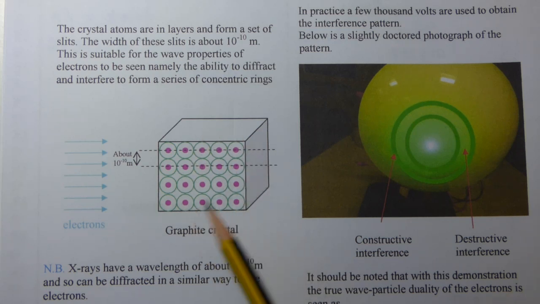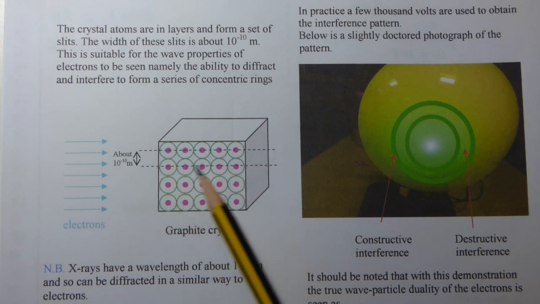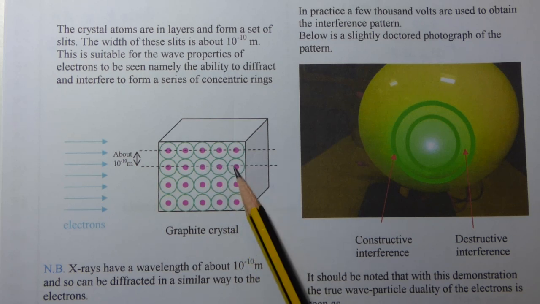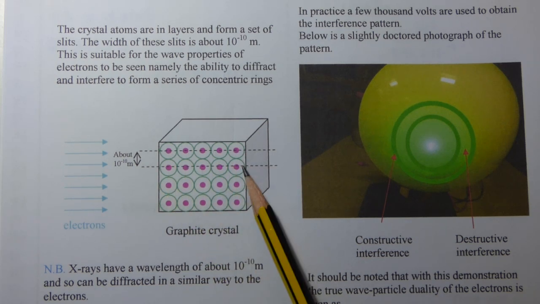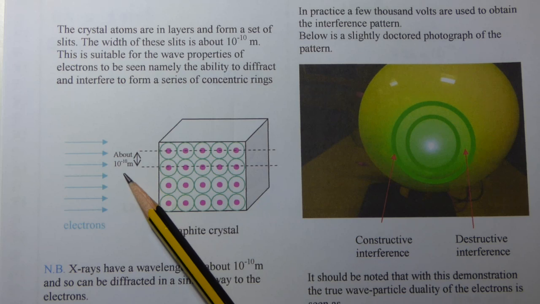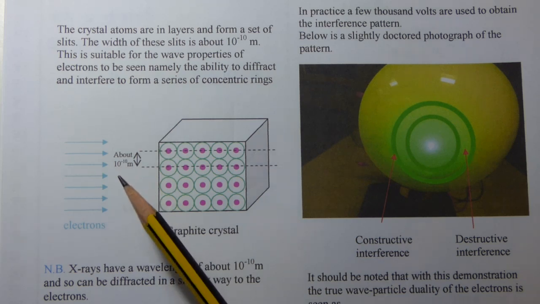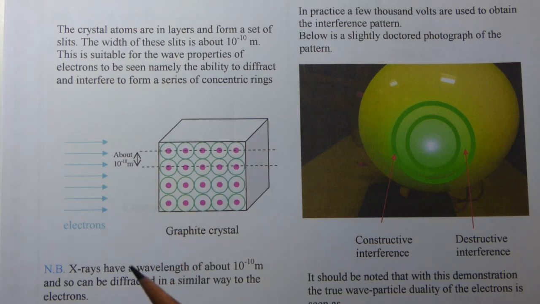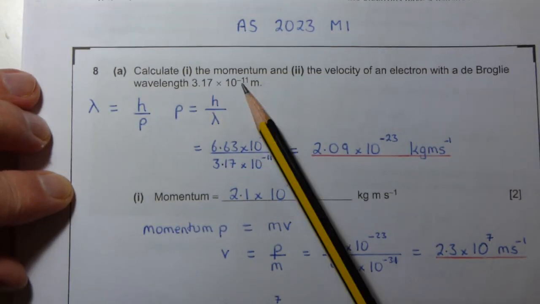This would be our model of a crystal, nice rows of atoms, and the atoms consist of nuclei with orbiting electrons, and that would be a row of nuclei. There's another row, and they knew that the distance between the rows would be about 10 to the minus 10 metres or so. That is not far off the wavelength of the electrons in this question.